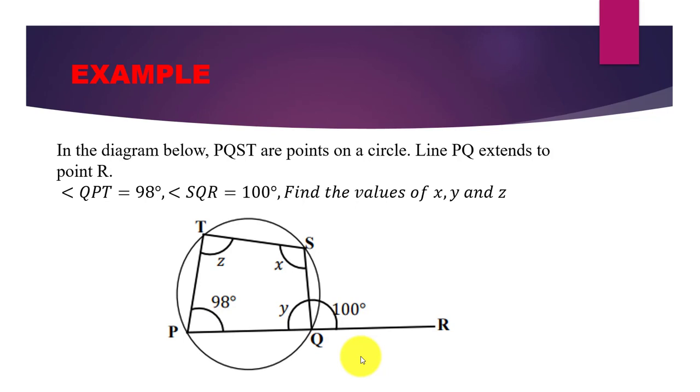The line PQ extends to the point R. Angle QPT is equal to 98 degrees. Angle SQR is equal to 100 degrees. Find the values of x, y, and z.